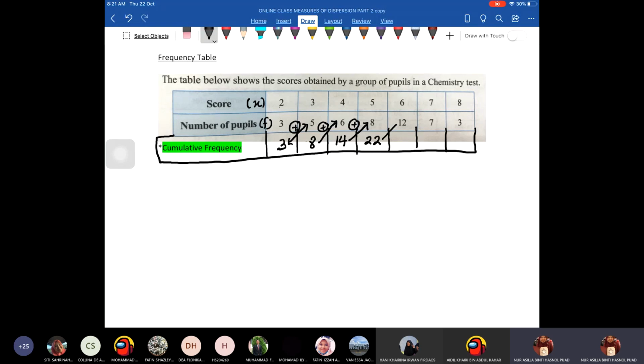And so on. Next, 22 plus 12 will give me 34. And 34 plus 7 gives me 41. And then 41 plus 3 will give me 44. So in my set of data here, I have 44 data.